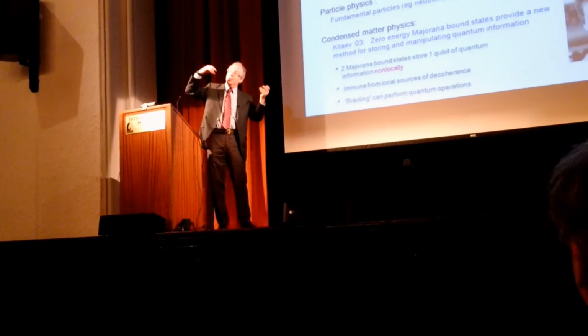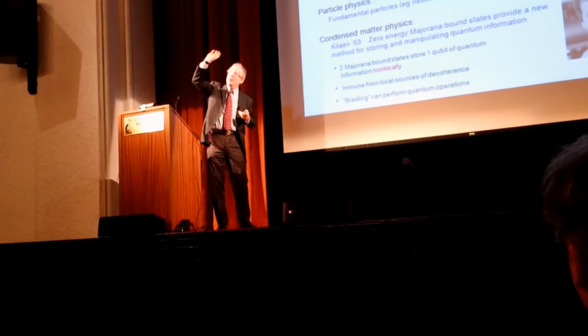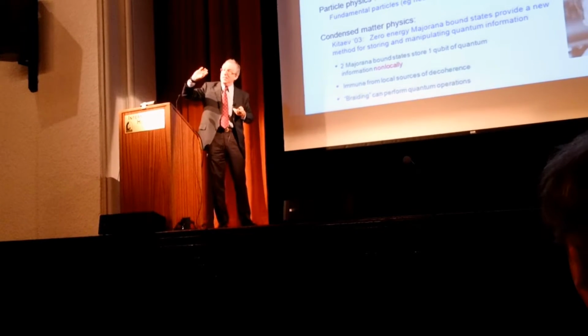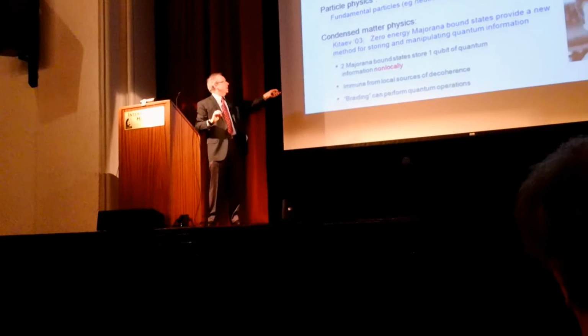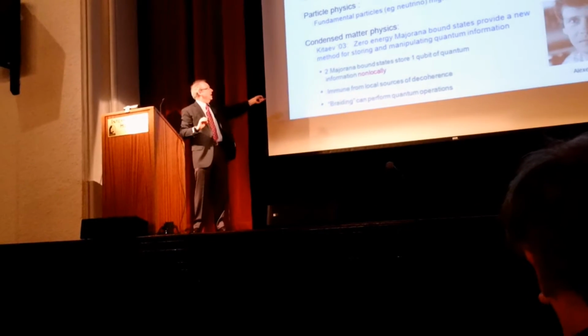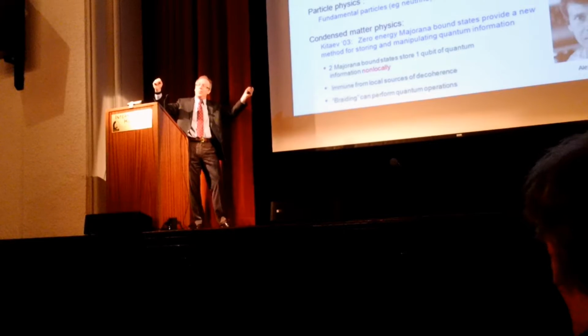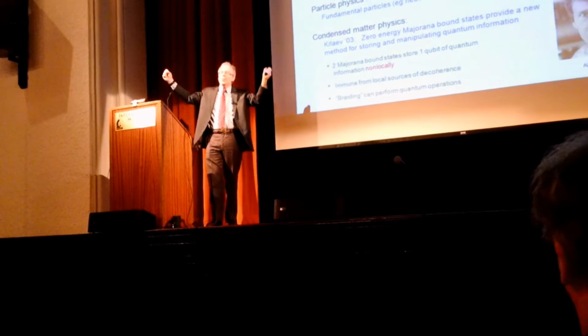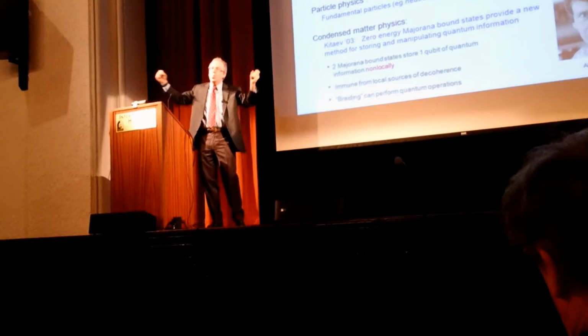In a quantum system, you can have a 0 or a 1 or any combination or superposition of the two. And that's what a qubit is. And what Kitaev argued is that two of these Majorana bound states store a qubit of quantum information, but they store it in a way which is non-local. It's sort of shared between two different places.